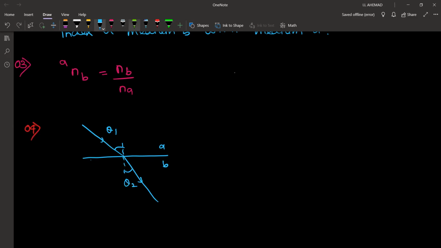How should I write the equation? We should write NBA, because it is going into medium B from A. Therefore, NBA is equal to sine theta 1, that is the incident angle, over sine theta 2.